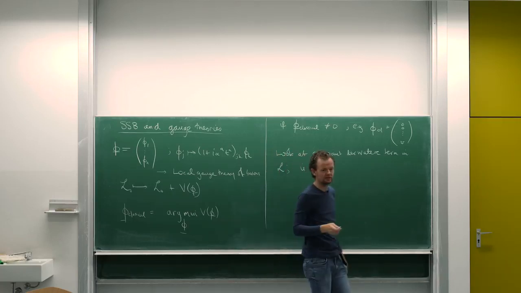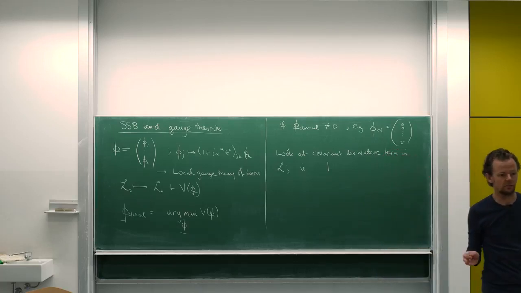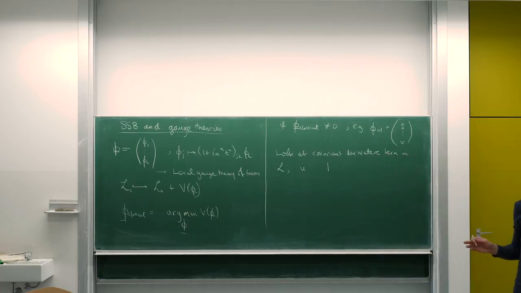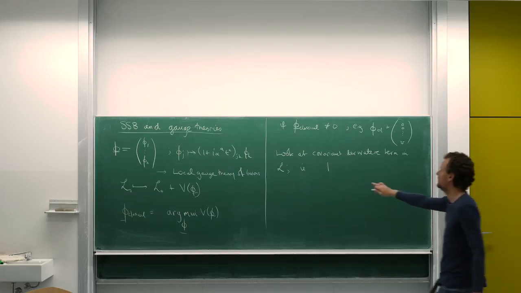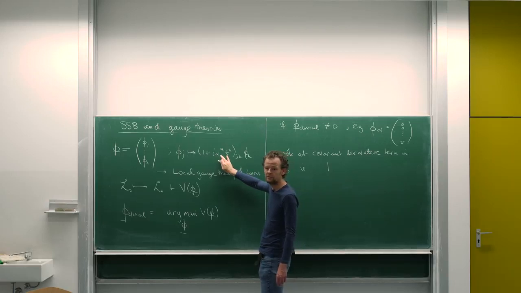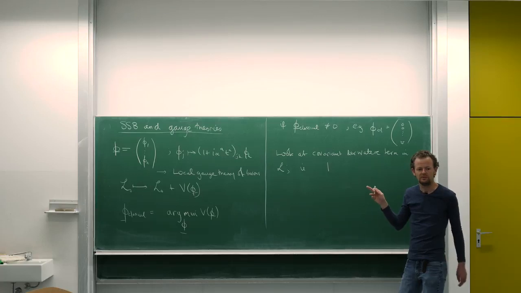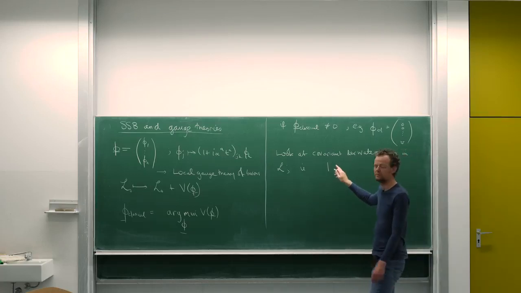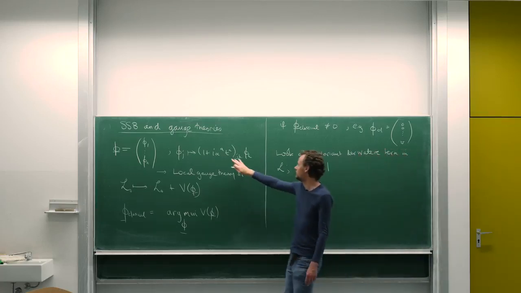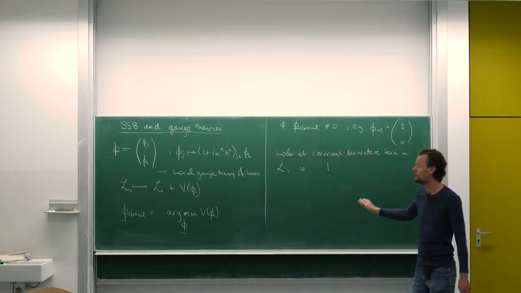Now, in the previous lecture, the assumption was that this representation here is pure imaginary, that these matrices had only imaginary components. And that's what led to the sign problems that we encountered at the end of the previous lecture. If you restrict to pure imaginary representations, then those sign problems don't occur.